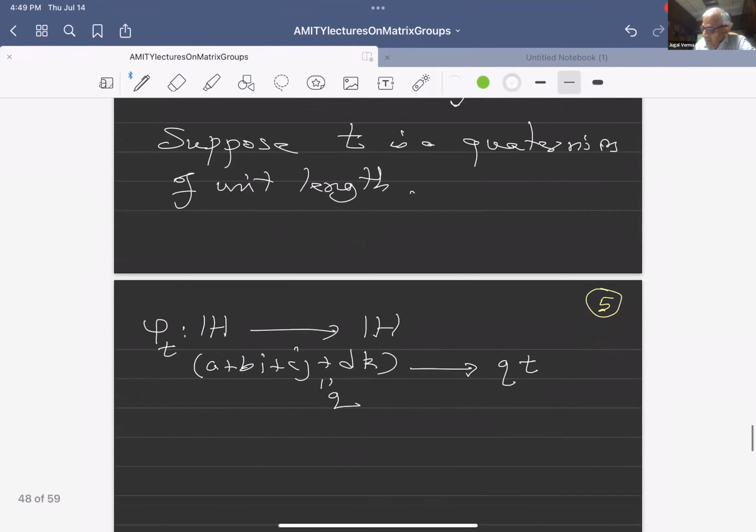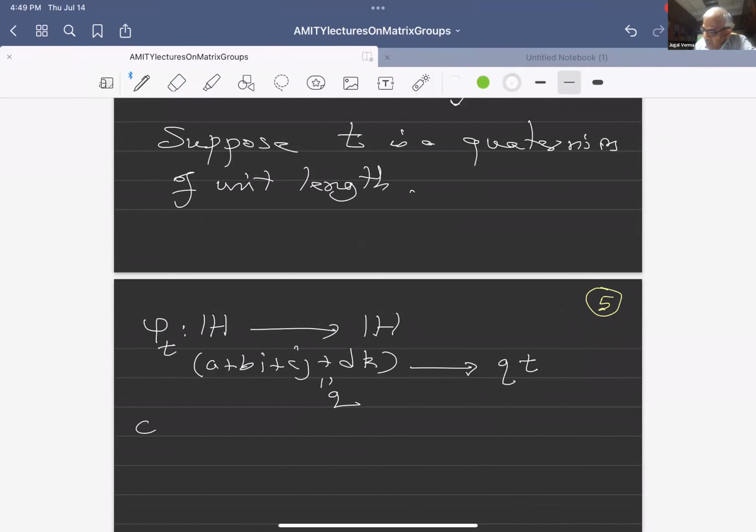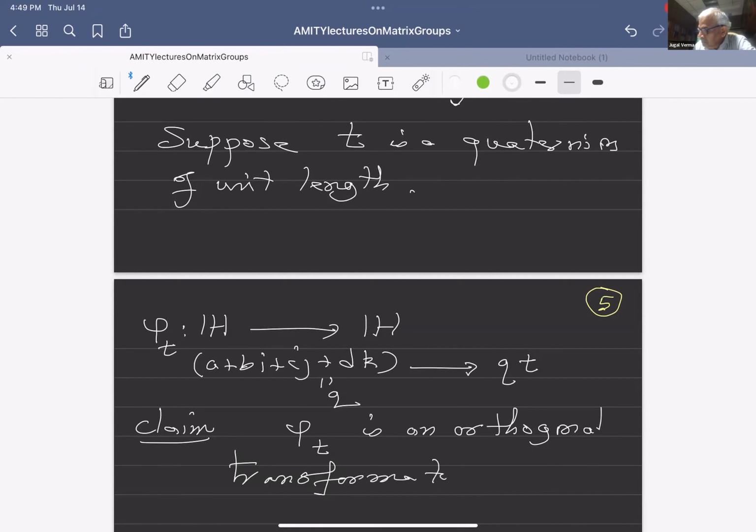Claim: phi T is an orthogonal linear transformation.